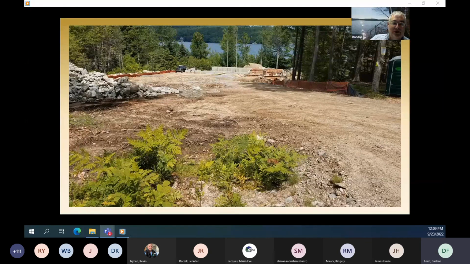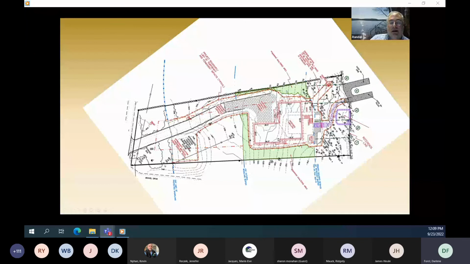What was happening is they would go in and clear a site per the shoreland permit, and they would put a big structure, the house, right in the middle where the best view of the lake is going to be. And as you can see on this photo, what's left, if you can see my mouse moving, is just these little areas on either side.